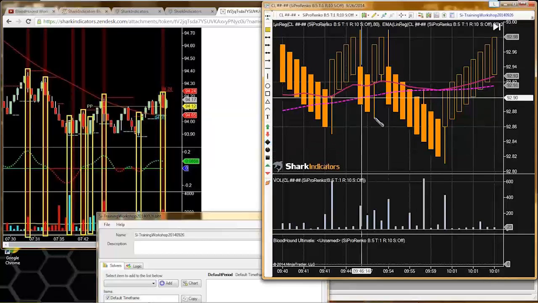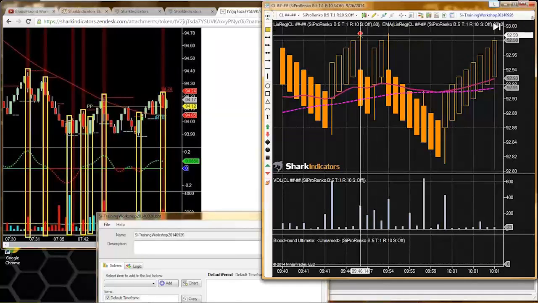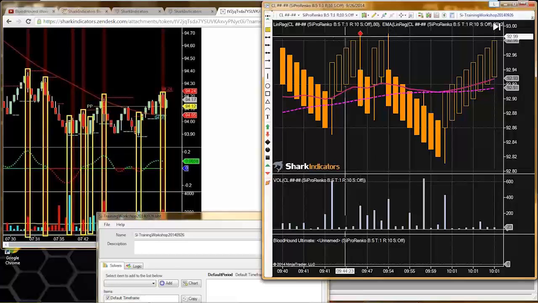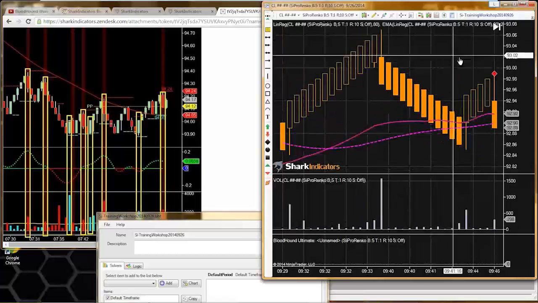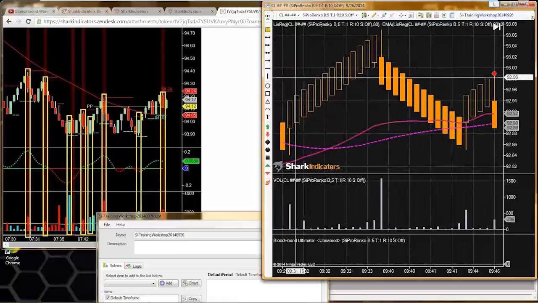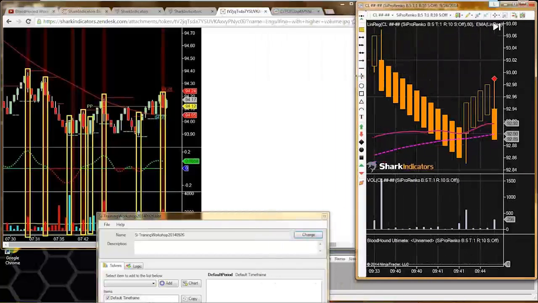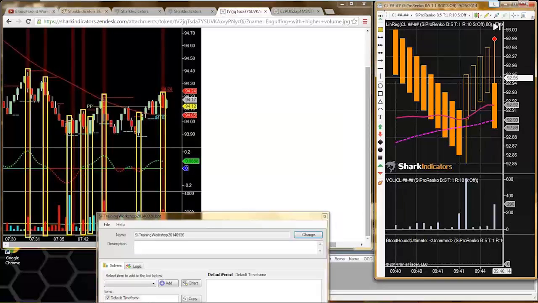Alright, so what we're going to be doing is we're going to be comparing the high of one bar, and how about if I just slide that over and we'll pretend that this is the current bar. So we're going to be comparing the high of the current bar to the high of one bar back, right?